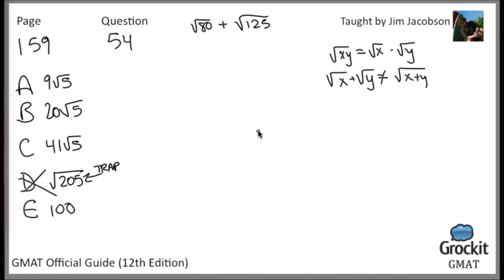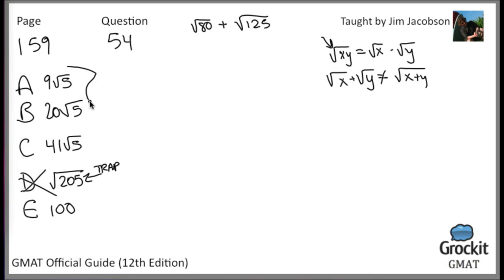We can, however, do a little distribution so that this ends up being more useful. So one of the things that we want to do then is see if we can get some perfect squares out of each of these individual elements. By dividing out, actually the answer choices kind of help us out here.